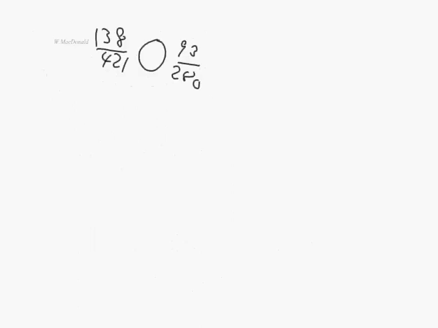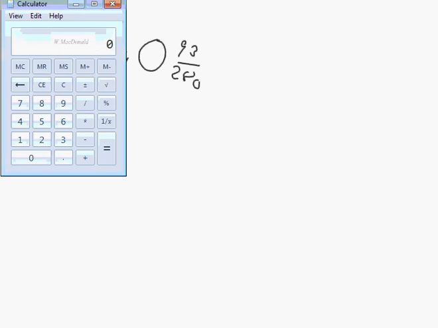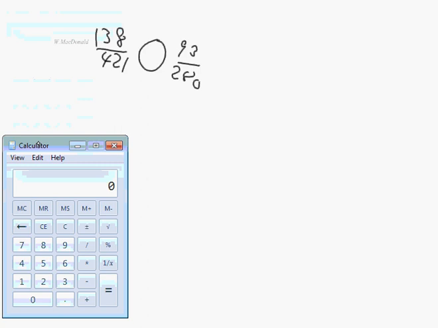And the last question is, do you know how to change these to decimals to compare them? So if I take my calculator and I go 138 divided by 421, as a percentage, what percent is that roughly? It is 0.327. I'll leave it as a decimal. Oh, I see what you're saying.